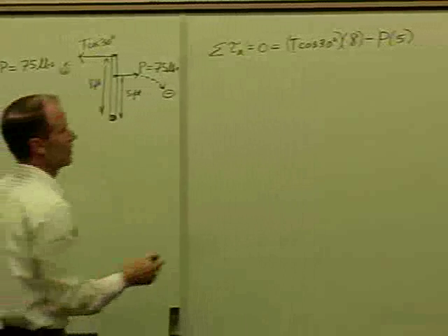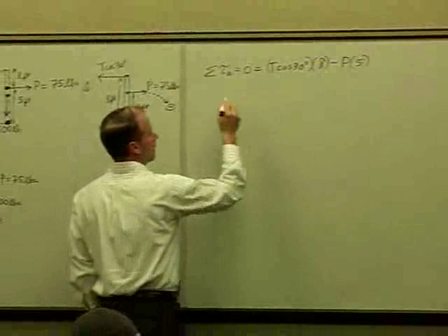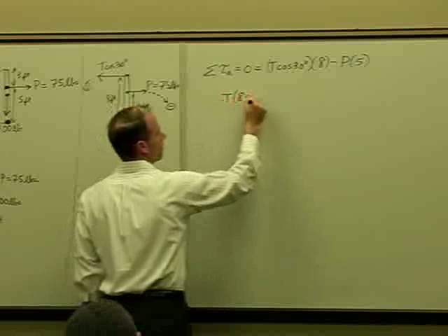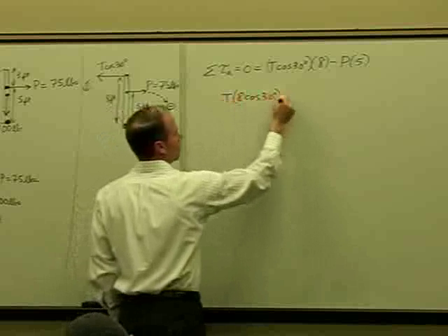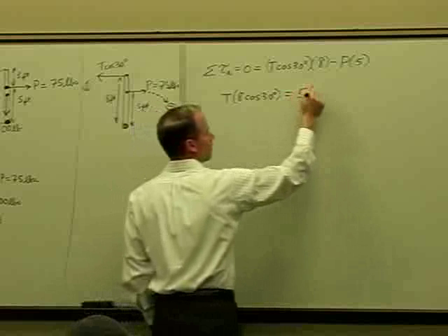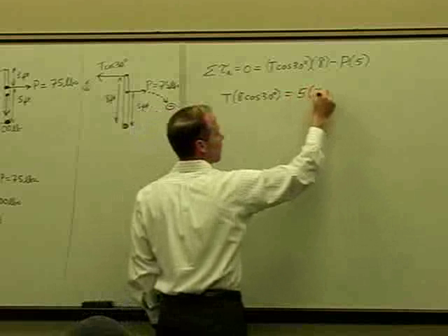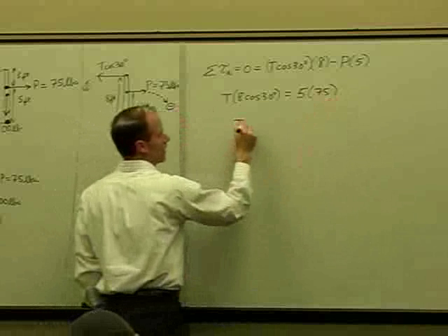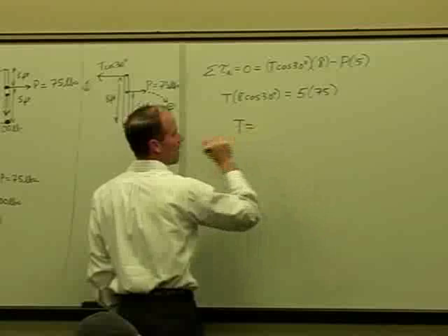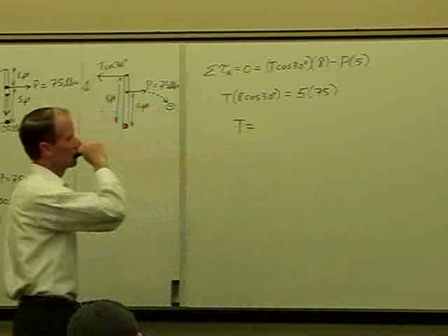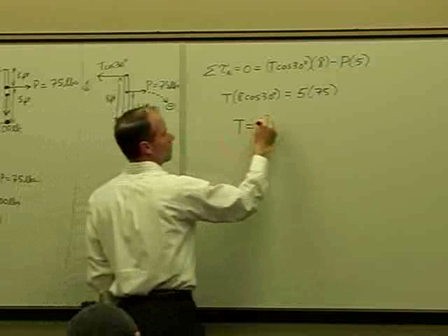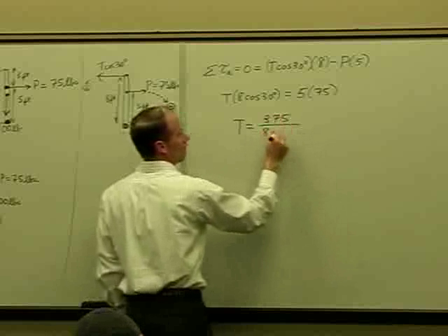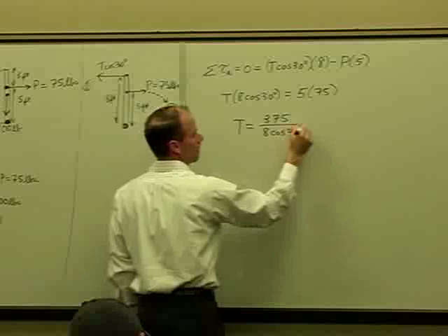That should equal 0. Let's solve this for T. So we have T times 8 cosine 30 equals 5 times P, which is given as 75 pounds. Or the tension in that cable will be 5 times 75 over 8 cosine 30.